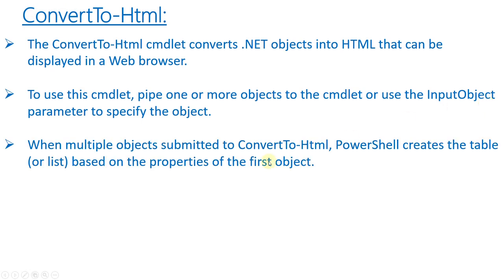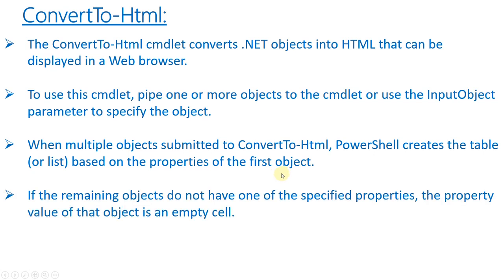And when we pass more than one object to this commandlet ConvertTo-HTML, then PowerShell will create a table or list based on the properties of the first object. So here we should remember the header will be decided based on the properties of the first object only.